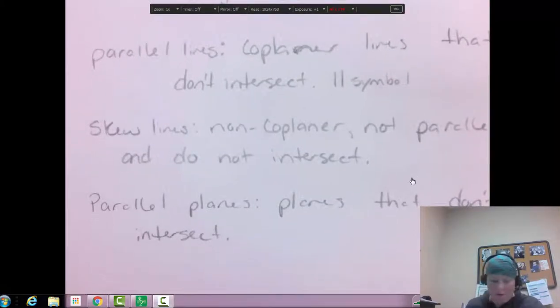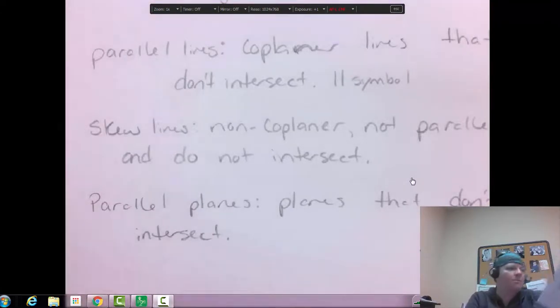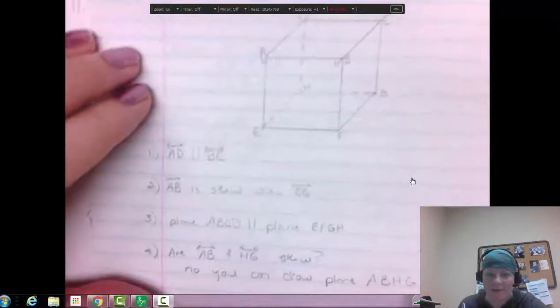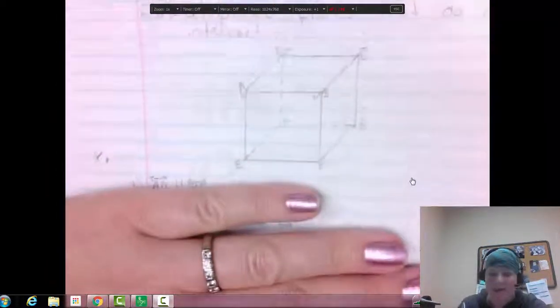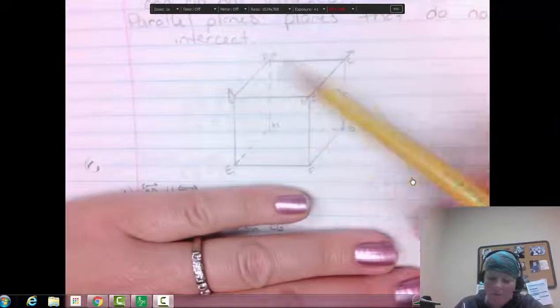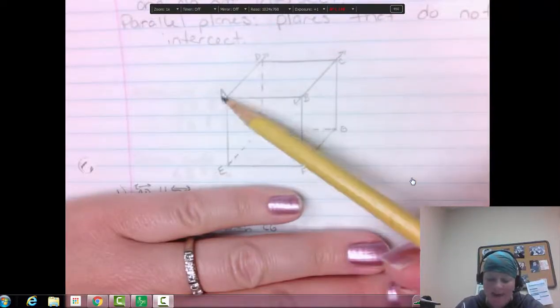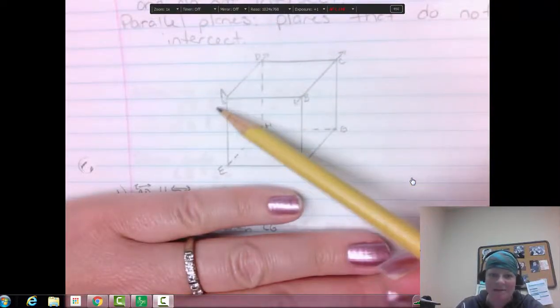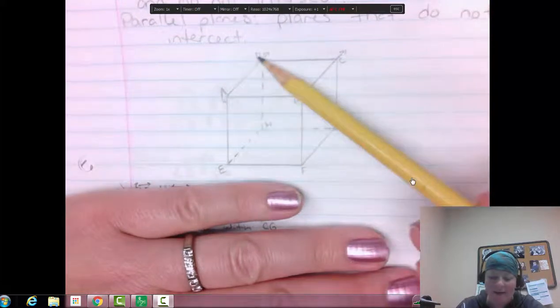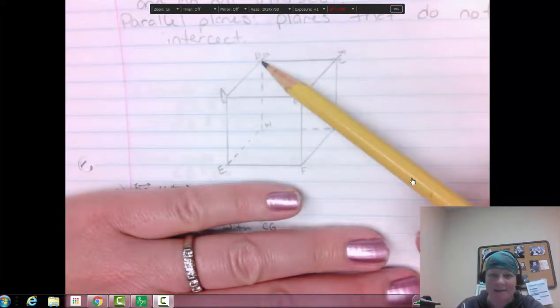So let's draw a quick little picture here. Or maybe I'll just use the picture from my notes because it's way prettier than me drawing it right now. Here's the picture I drew. Let's say we have line AD. What is parallel to line AD?